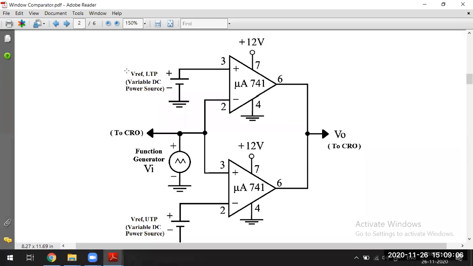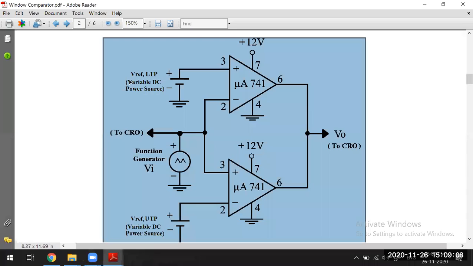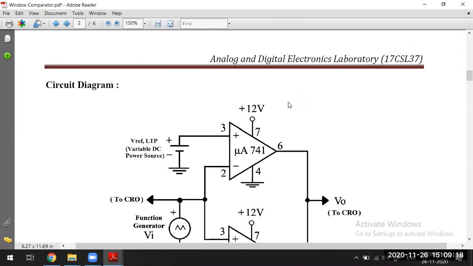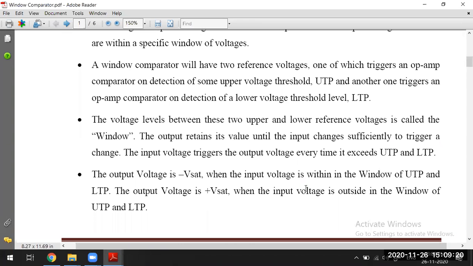This pin is the reference voltage, which is fixed, and from here we are going to give the input. In the experiment, when the input voltage is within the window, the output voltage will be minus Vsat. What is minus Vsat?